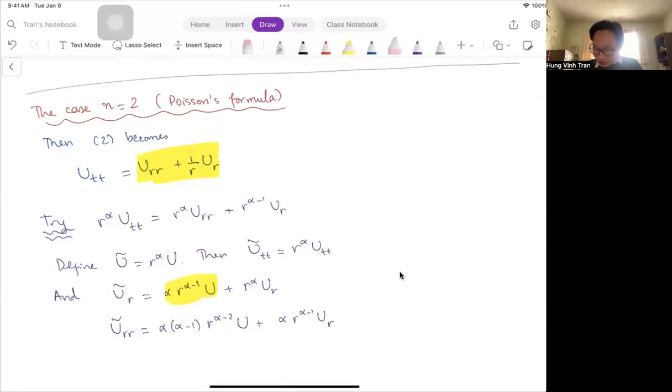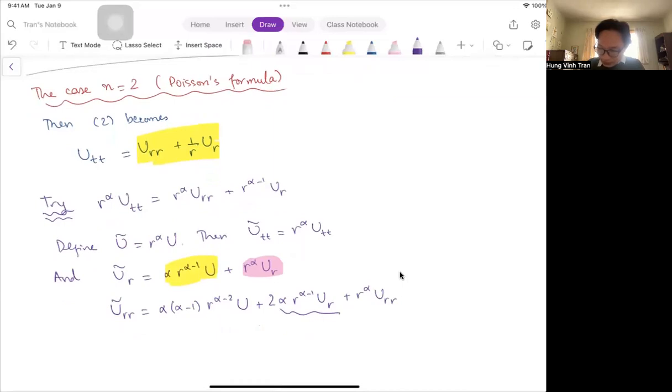For the second term, I also need to use the product rule. If I hit the derivative in r to the alpha, exactly this term appears once more, so I have 2 here. And if I hit the derivative in u_r, I have r to the alpha u_rr. Okay, so you see that I have u tilde rr is this one.